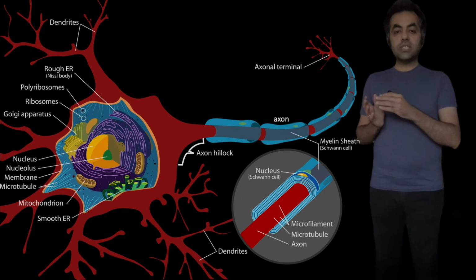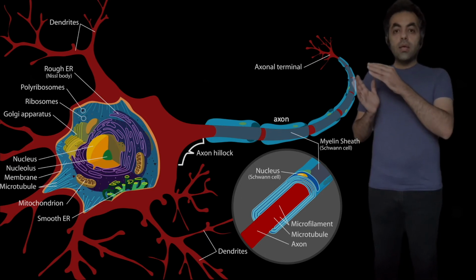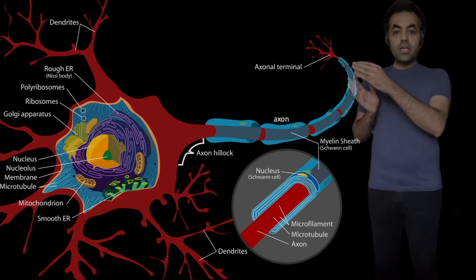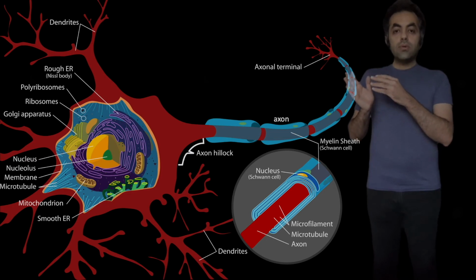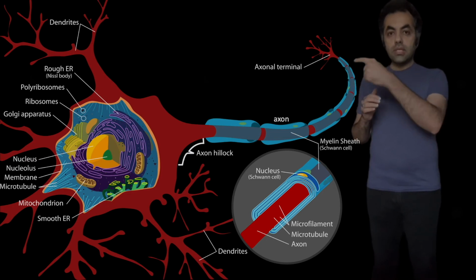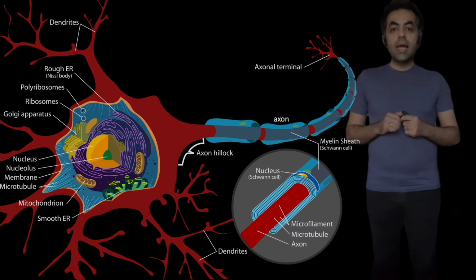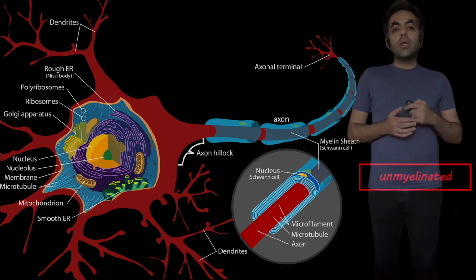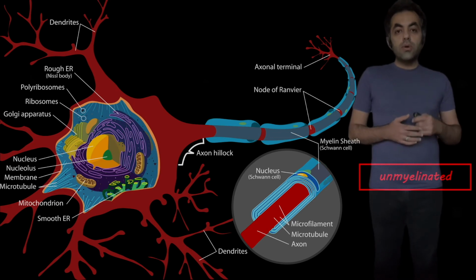We can also see some gaps between every two myelin sheaths, these insulating layers, and these gaps are not myelinated. These are called nodes of Ranvier.